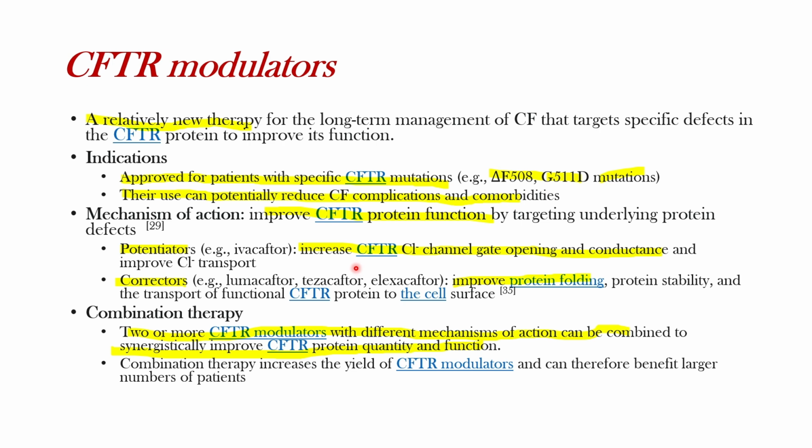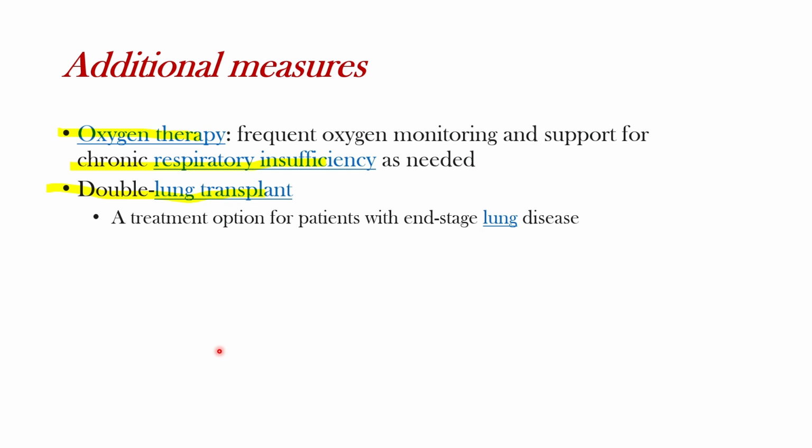Potentiators will increase CFTR chloride channel gate opening and conductance. The correctors will improve protein folding, so we get the CFTR protein to the cell. And so we will use combination therapy. We will give 2 or more types of the CFTR modulators to get a better function.